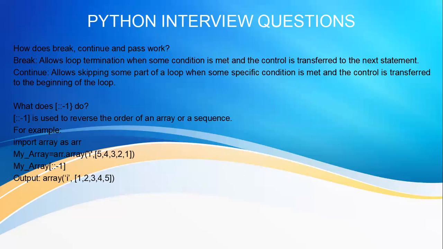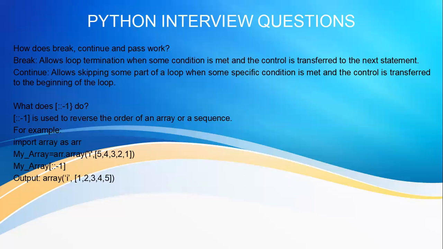What does colon -1 do? The brackets are both square brackets. It's a small mistake there in the answer. Anyway, both are square brackets only. So what does colon -1 do? It's basically used to reverse the order of an array or a sequence.